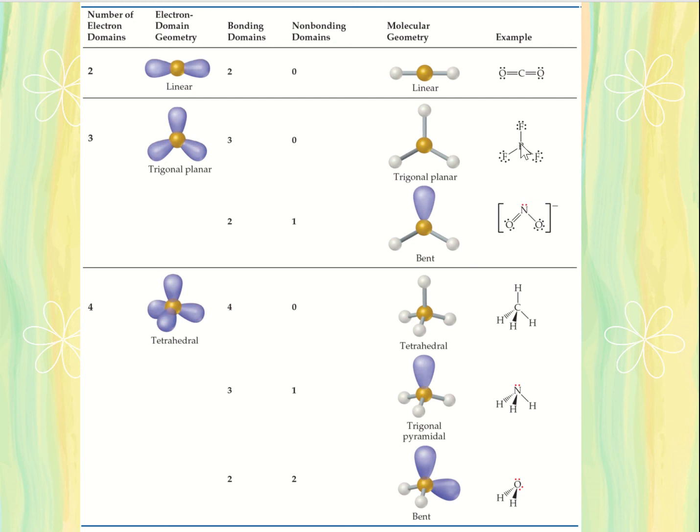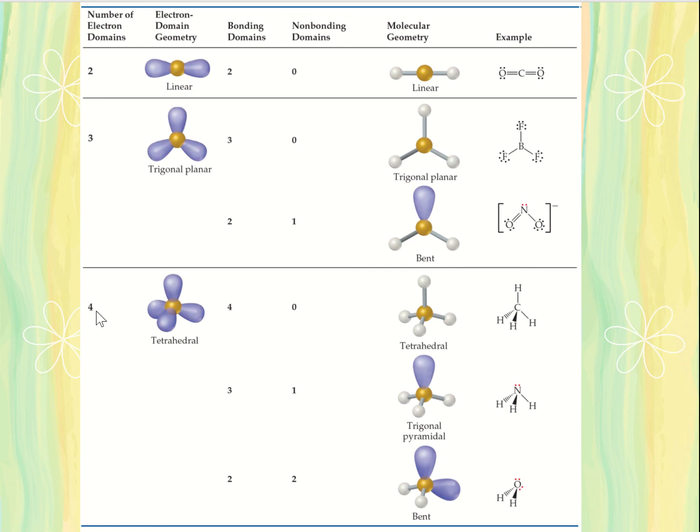So there's no non-bonding electrons, so we have trigonal planar as the molecular geometry. And here we have bent because even though we have 3 electron domains, 1 is non-bonding. So we see our non-bonding electrons here, and so we have two sets of bonds, 1 double bond, 1 single bond. So 2 bonding domains, 1 non-bonding pair, and so the arrangement is bent.